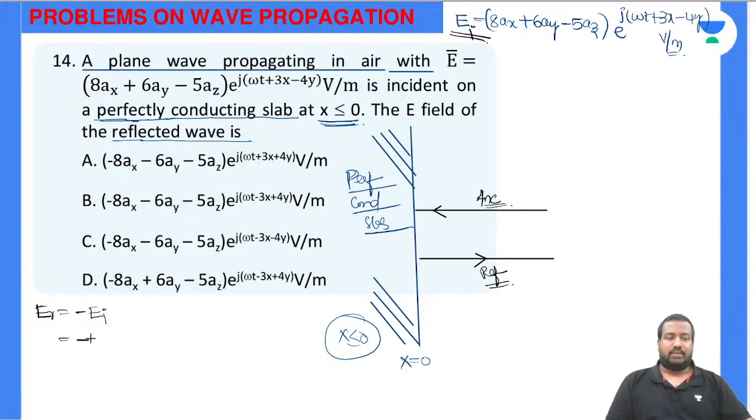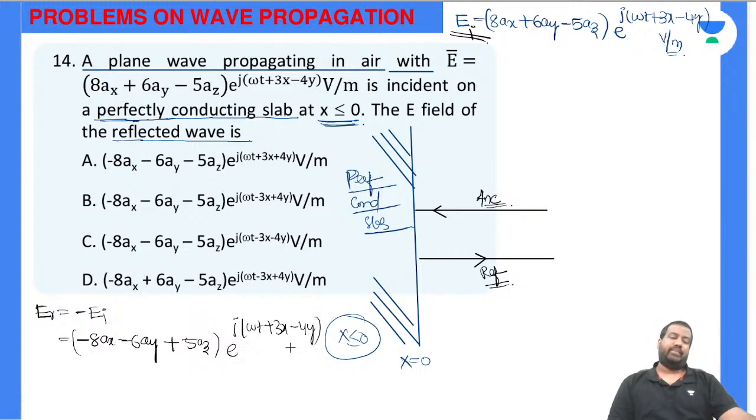Multiply with minus: 8AX minus 6AY plus 5AZ into e power j of (omega t plus 3x minus 4y). This is what you generally write. But is it correct? Or shall I make some changes to this?